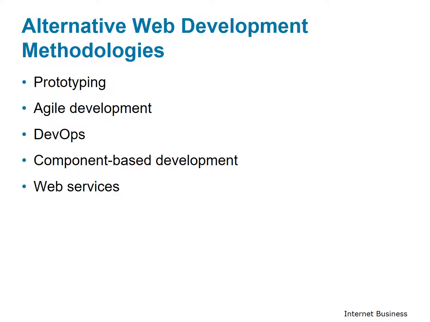Prototyping consists of building a simple model rapidly and inexpensively to test the concept or process. And then the initial prototype can be iteratively refined based on feedback until it satisfies user requirements.